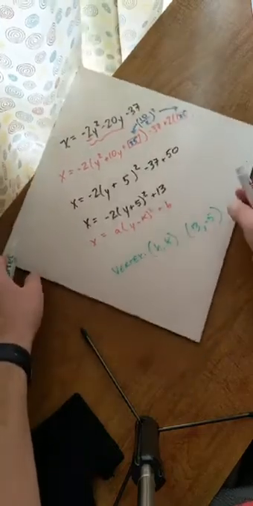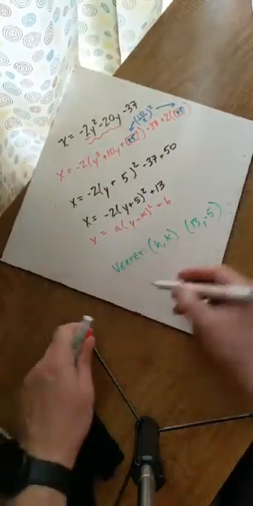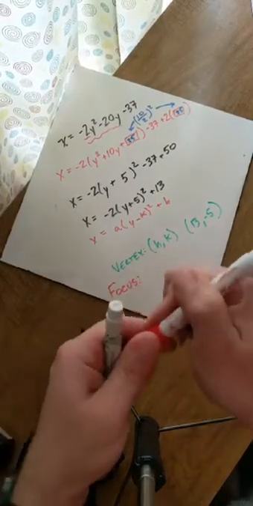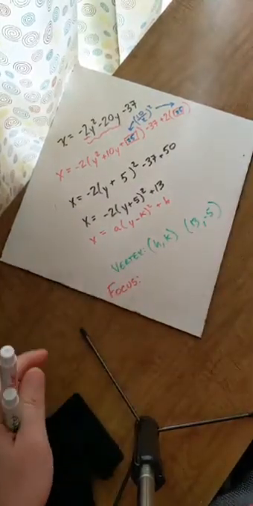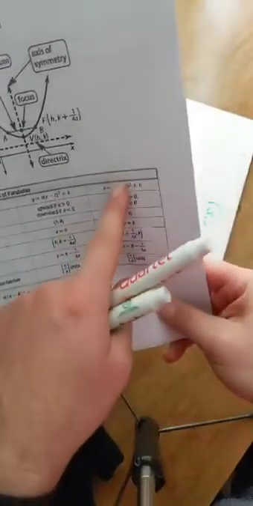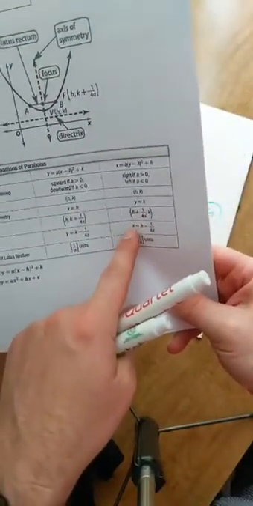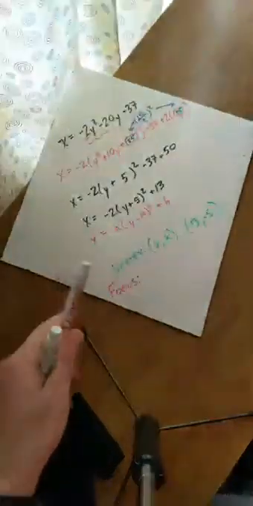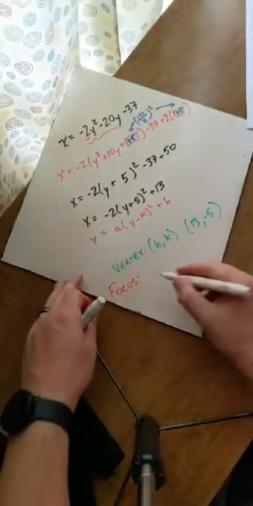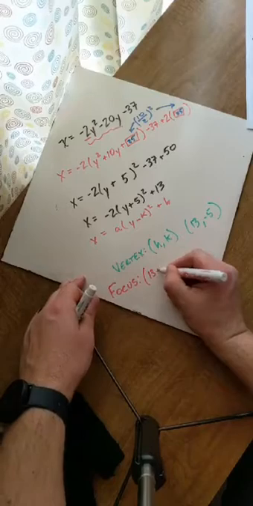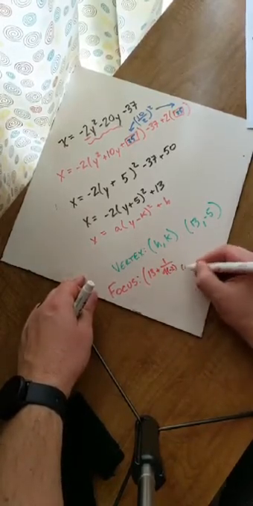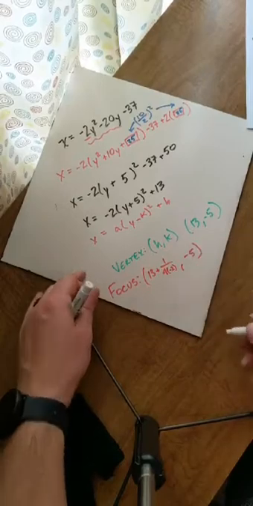I'm going to turn this on and try to squeeze it in down here. The focus, we have to look back at our chart. The focus for any x equals is right here: h plus 1 over 4a, k. So this is going to be 13 plus 1 over 4 times negative 2, and then k is negative 5.